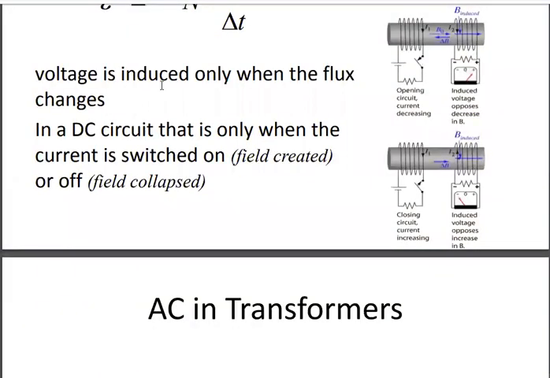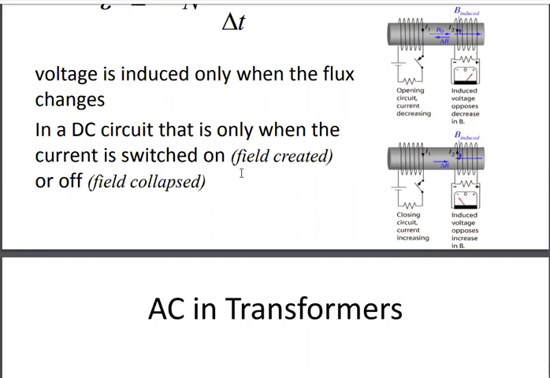Now, voltage is induced only when, this has already been discussed, in a DC circuit, that is only when the current is switched on or switched off, for the time being. Only then will EMF get induced, because as soon as you switch on or switch off, for the time being, the magnetic field increases from 0 to a certain value.